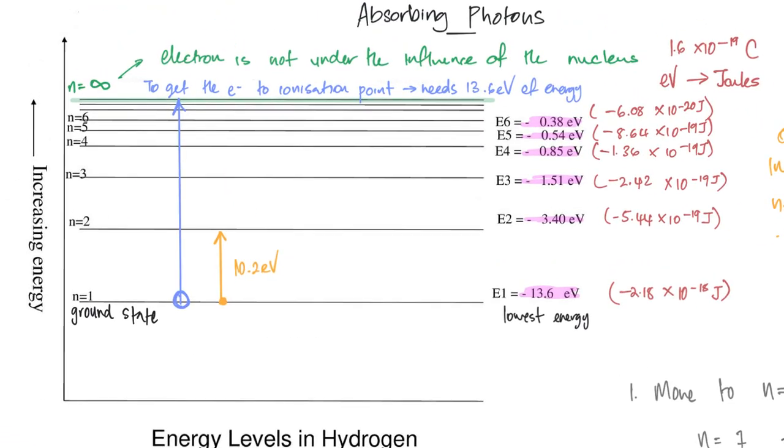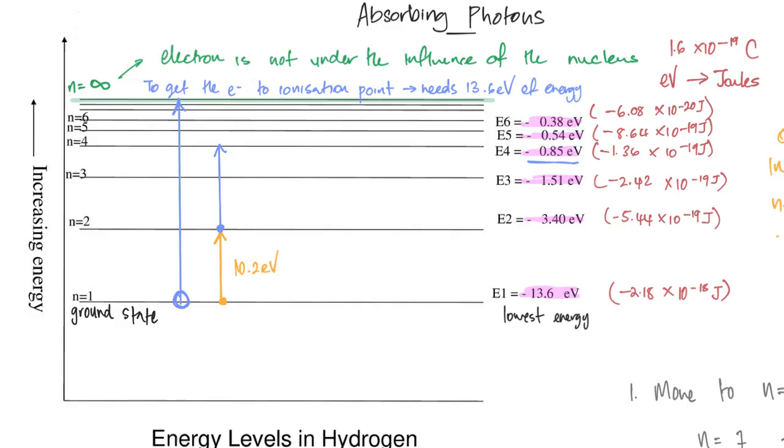If I'm looking here, my electron is over here, and at 0.85, it's up here. So that's where I need it to go. It's going to go all the way up to n is equal to 4.